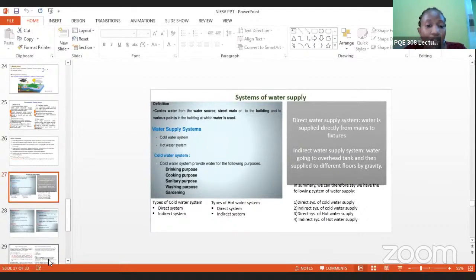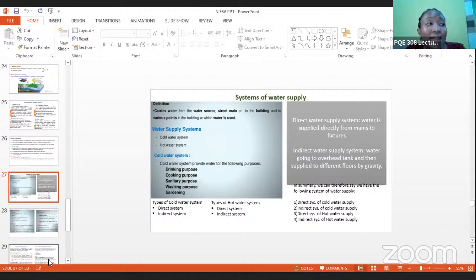in our building. So for the systems of water supply, we know water can be cold or water can be hot. Hot because it has been boiled up, there's presence of a boiler, and most times hot water supply is used in areas where they have hardness of water, areas where it has been confirmed that the only water you can get here is hard. Then you have to make sure you use what?